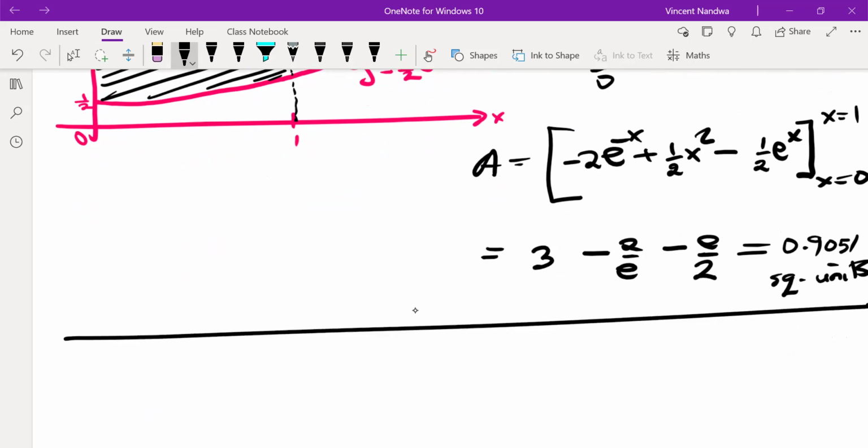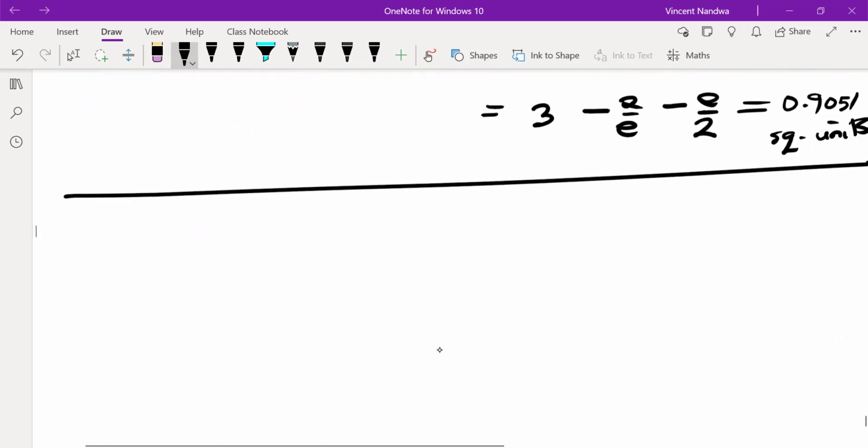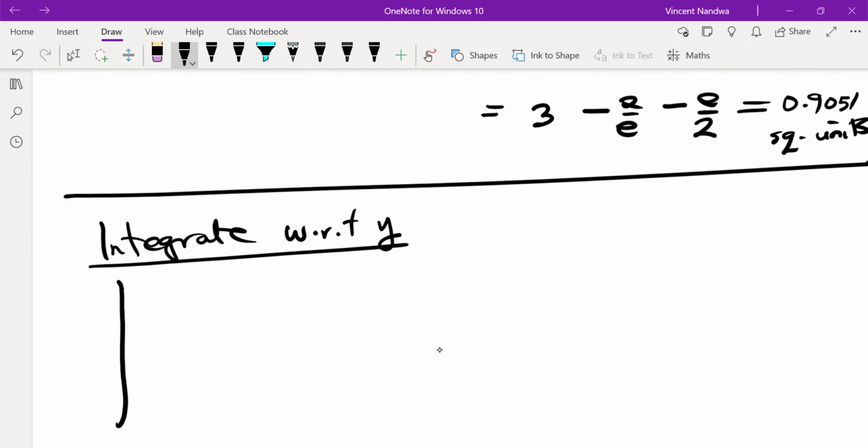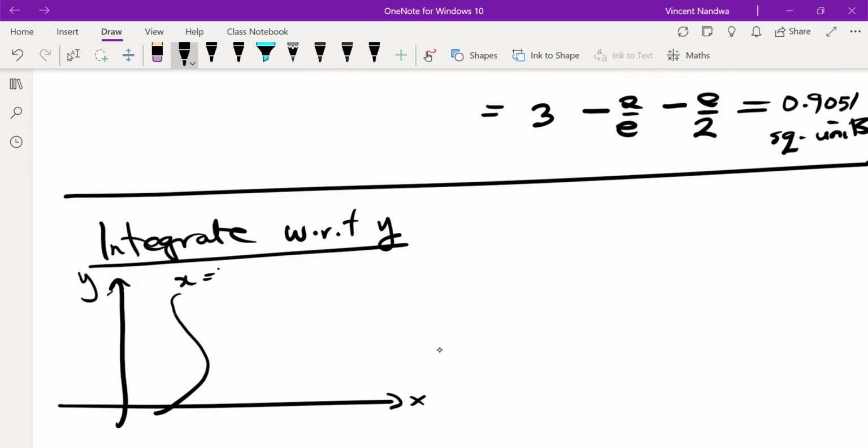So we can also integrate with respect to y. So for example, if you have this as your x-axis, this as your y-axis, then say this is one of the graphs, x equals g of y.